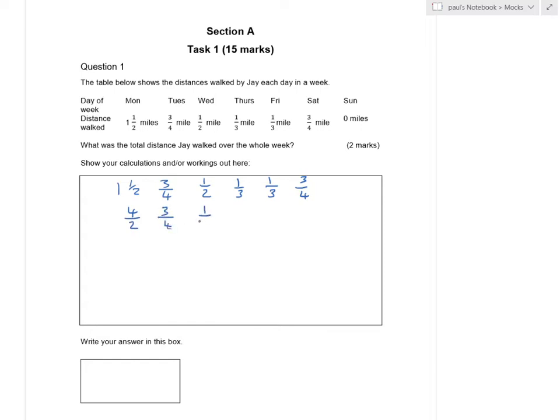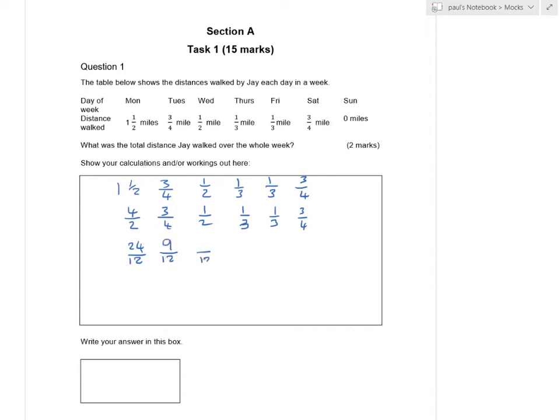This is a bit long-winded for a first question. Now I'm going to make them all the same, all twelfths. So multiply by 6 is 24. Now I'm going to multiply by 3, which is 9.